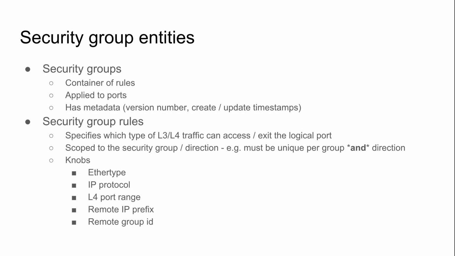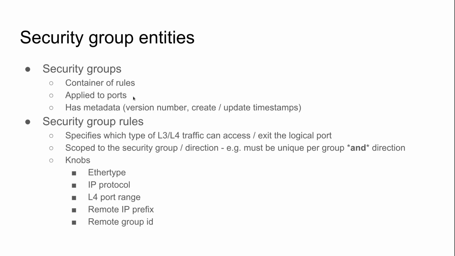The parameters of the security group rules are the ether type, meaning IPv4 or IPv6, the IP protocol, TCP, UDP, or ICMP, and the layer 4 port range. For instance, you could allow all incoming traffic to ports ranging from 5000 to 6000, or to a single specific one by indicating its min-max indexes to be the same number, let's say 80.